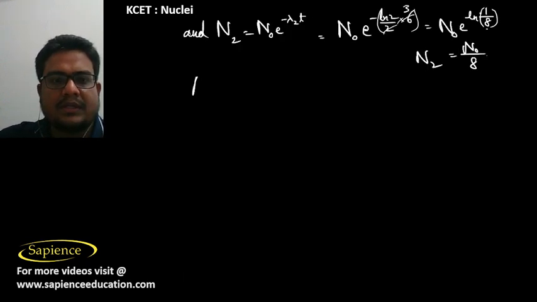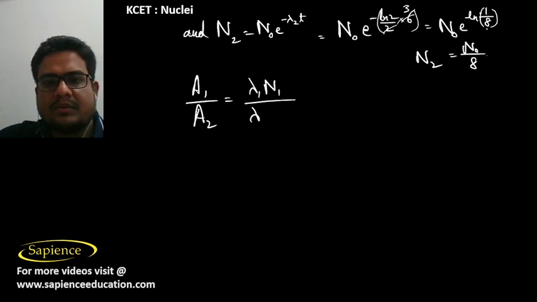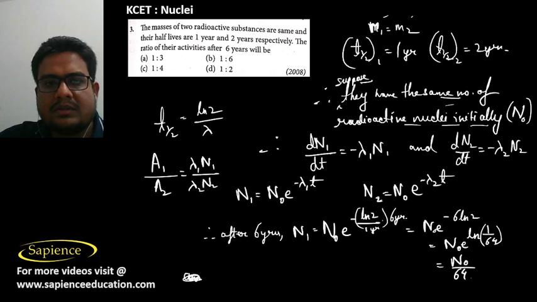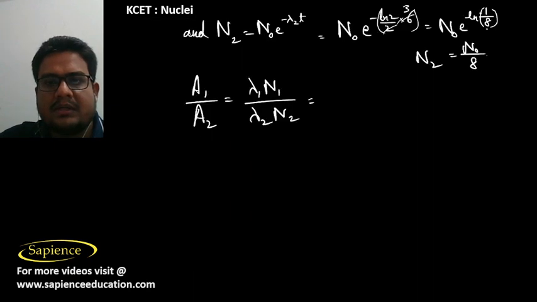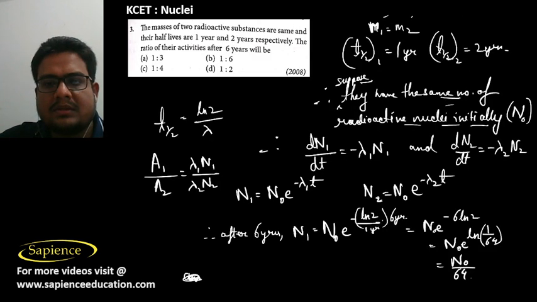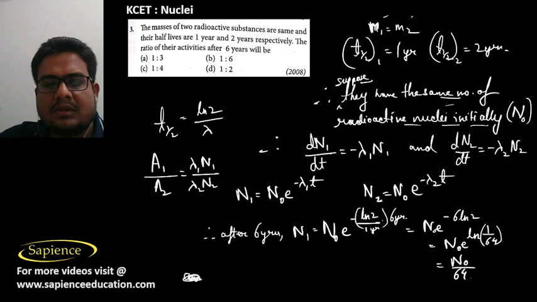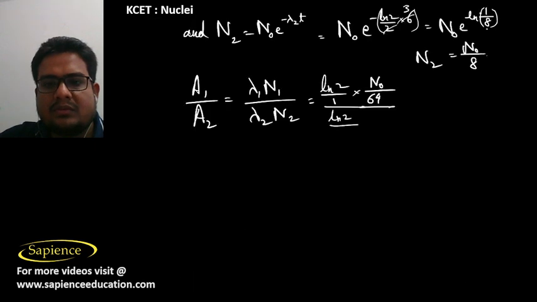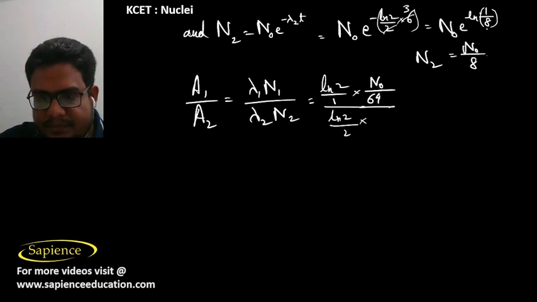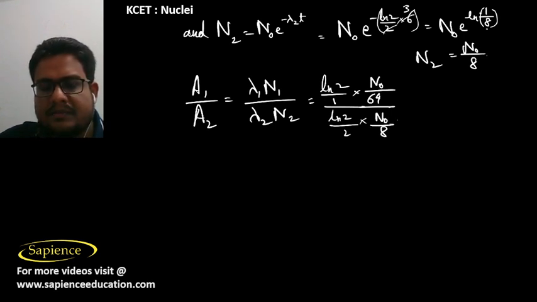Therefore, the ratio of the activities after 6 years, A1 by A2, is λ1 N1 by λ2 N2. λ1 is ln2 by t half, so ln2 by 1 year, into N1, that is N0 by 64. λ2 is ln2 by 2, into N2, that is N0 by 8.